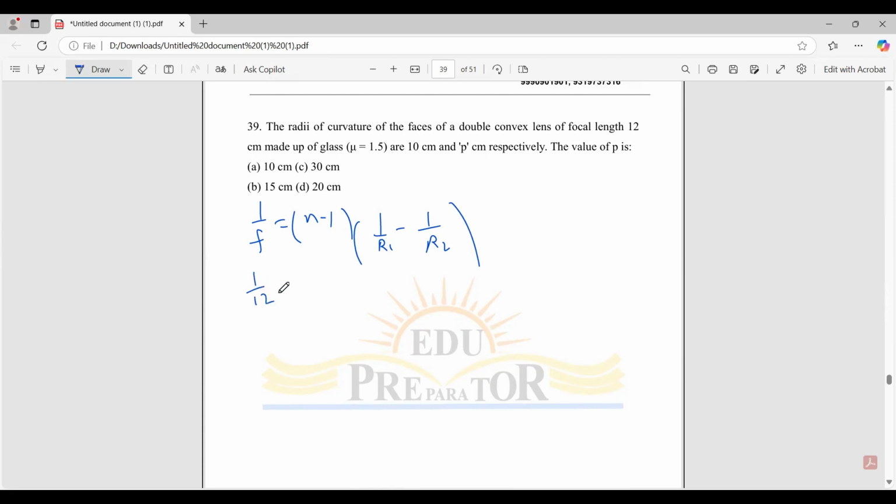So 1 by 12, refractive index is 1.5 minus 1. Because it's a convex lens, the first radius will be positive, which is given to us as 10. The second radius will be negative, hence it will be plus P. If we simplify this, we get 15 centimeter as the answer. We can simplify it, right?